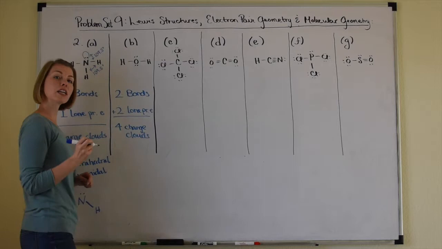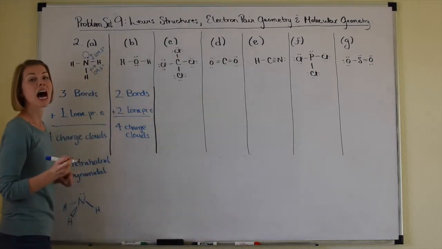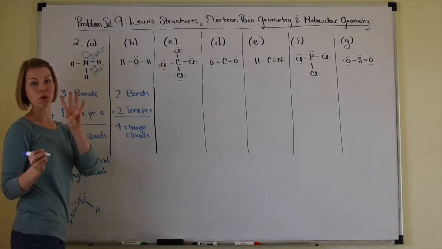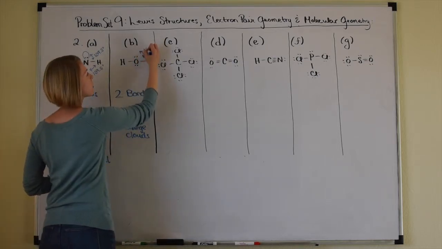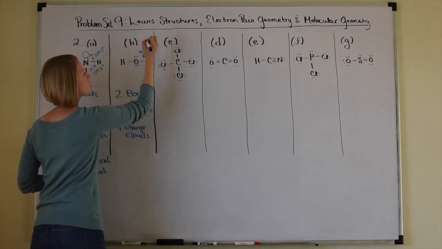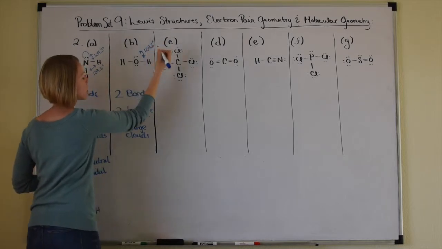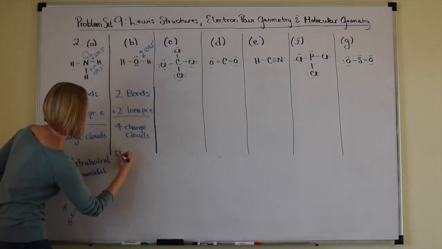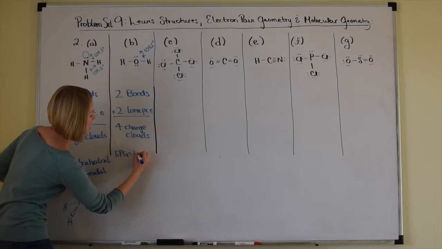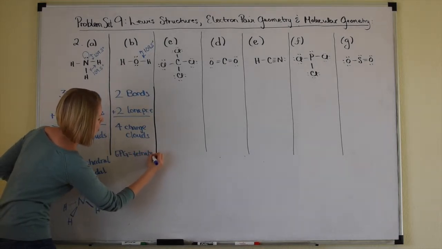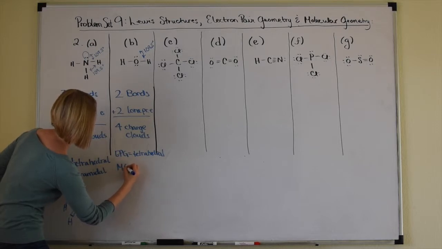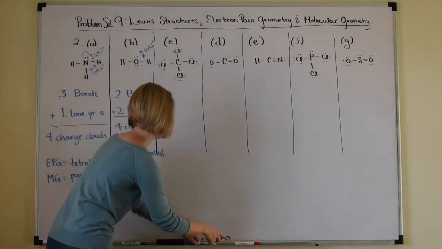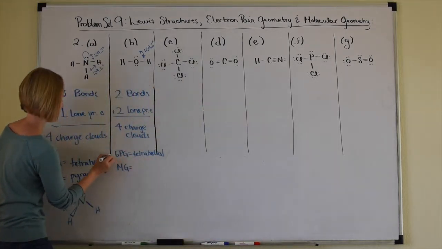So once again, we find that we have an electron pair geometry with 4 charge clouds, therefore 109.5 degree angles, and an electron pair geometry known as tetrahedral.